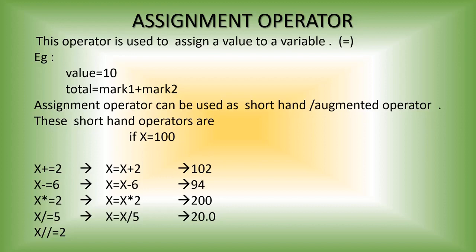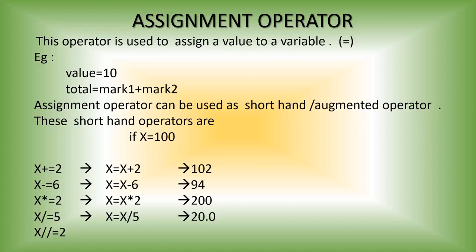That result is stored inside the variable total. There you are using the equal to sign. The sum of mark1 and mark2 is stored inside the variable total by using the assignment operator. It is assigning the value of the sum of mark1 and mark2 to the variable total.